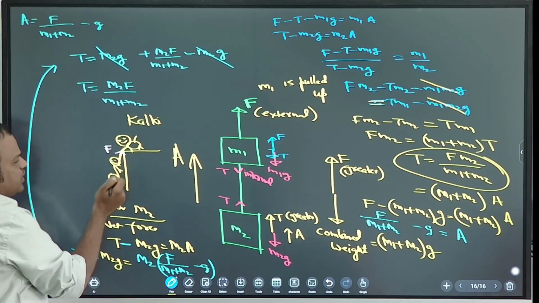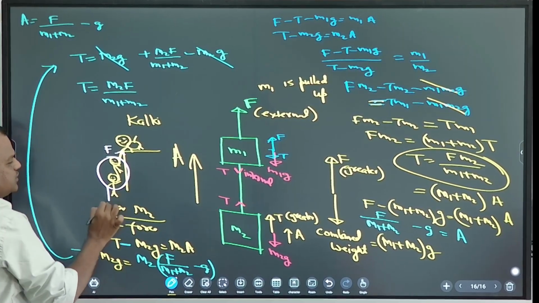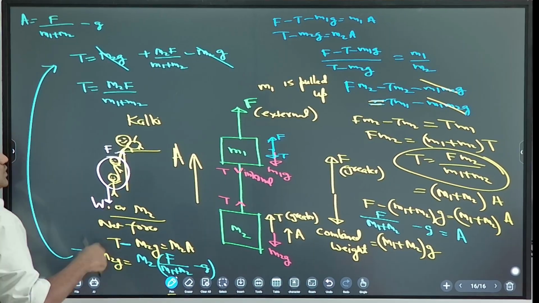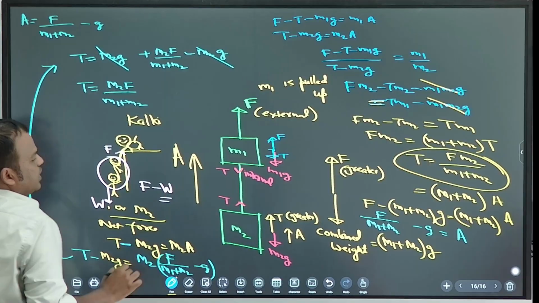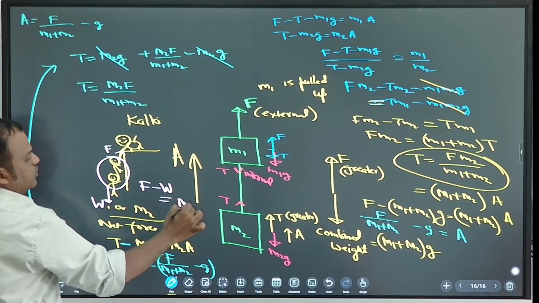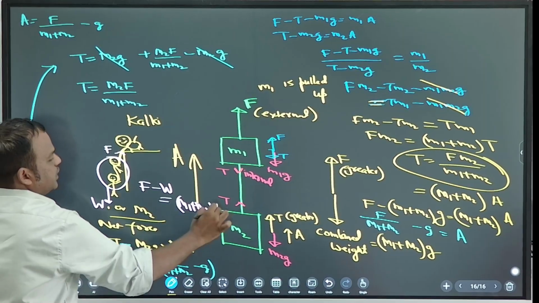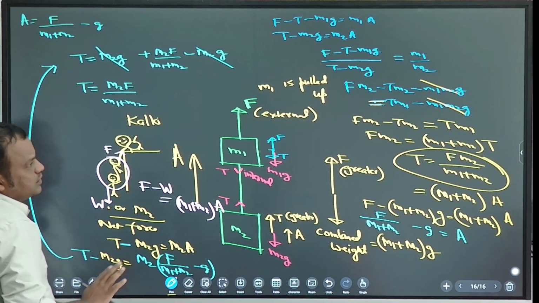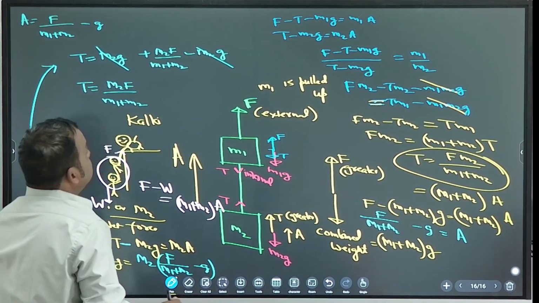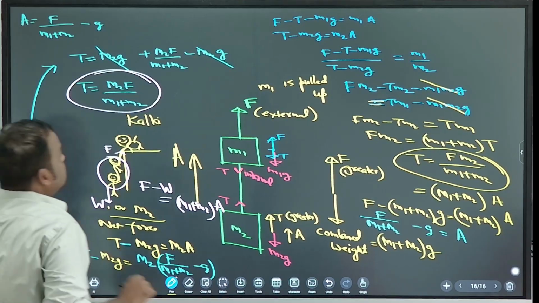F. And the whole weight of the persons is acting where? Down. So what is the acceleration? F minus W is equal to total mass into acceleration. Correct? Done? Okay.